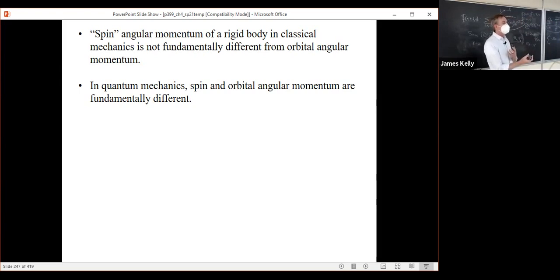One's happening at a small scale where the same restrictions don't apply, and one's happening at a large scale where some effective restrictions apply. So in any case, we're going to start accepting half-odd integer values of this, and we're going to use different quantum numbers, s and m sub s, rather than l and m. All right.